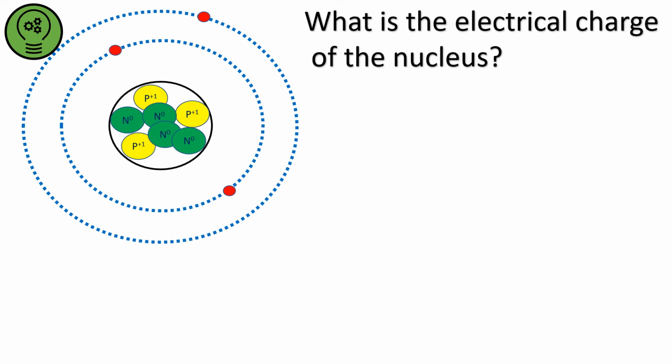Let's look at this question. It says, what is the electrical charge of the nucleus? So you're looking at this diagram, you've seen this diagram before, okay, and you've got an atom, and you can see you've got protons and neutrons in the nucleus, and you've got the electrons in the energy levels. But the question is asking about the nucleus. Now the nucleus, the inside bit, only has protons and neutrons, okay?